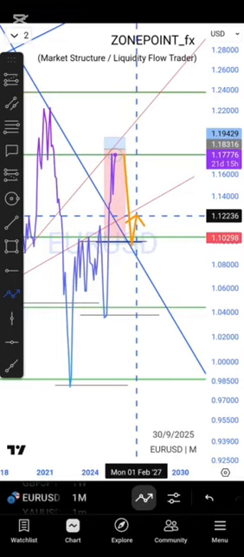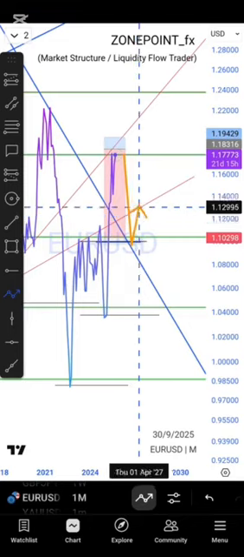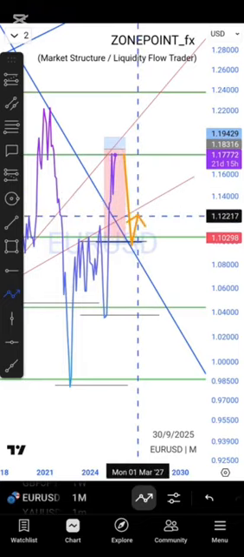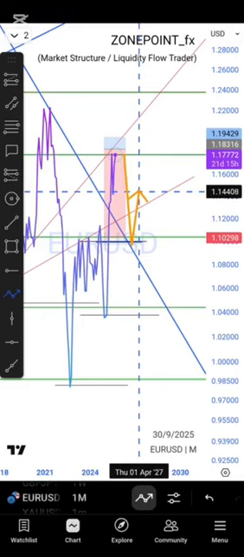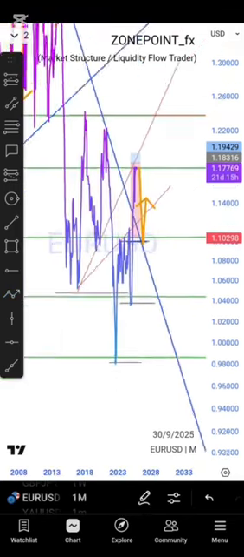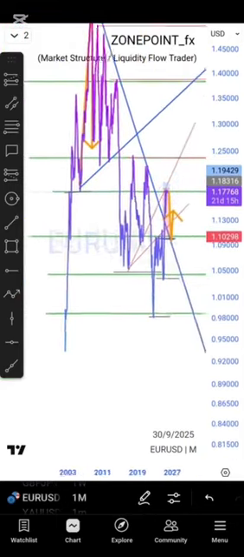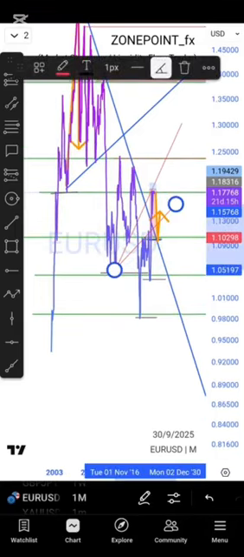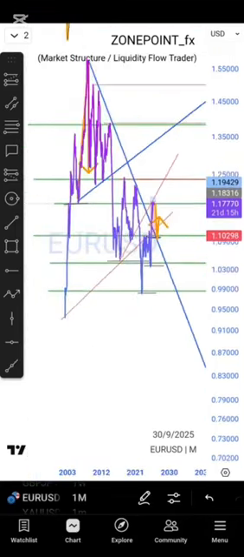So once price closes back into this box, we start looking for what? We start looking for buy confirmation.